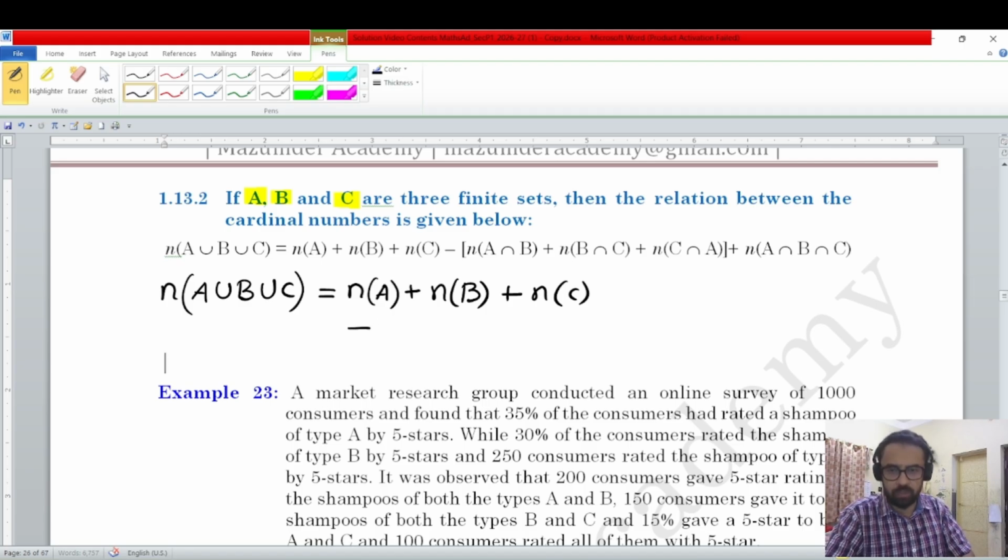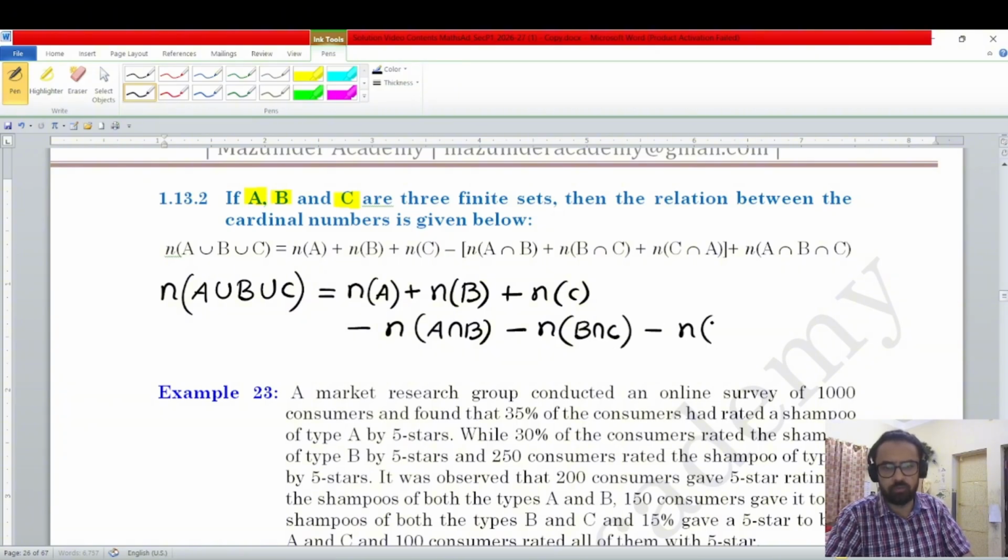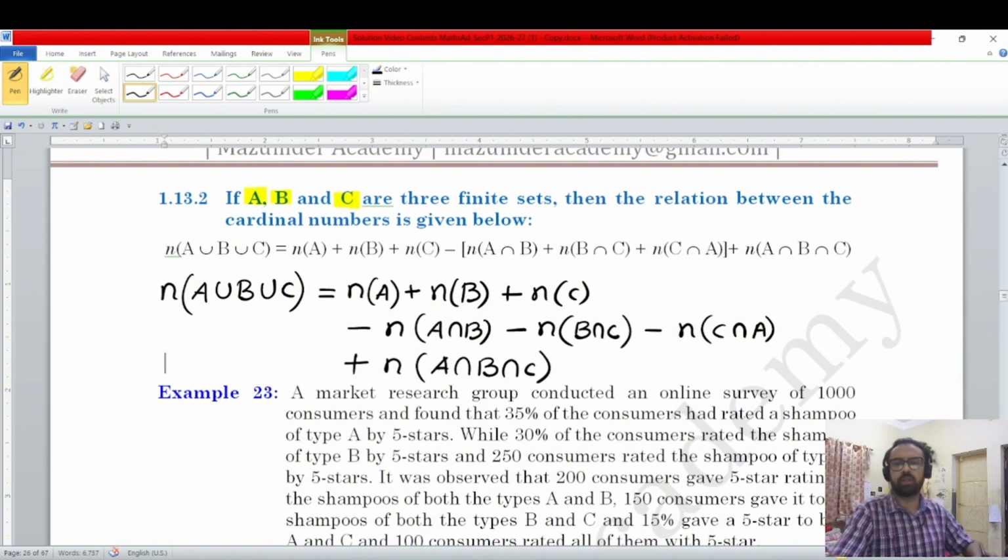Then minus n of A intersection B minus n of B intersection C minus n of C intersection A, or you can write A intersection C. Then plus n of A intersection B intersection C, all 3 intersections.